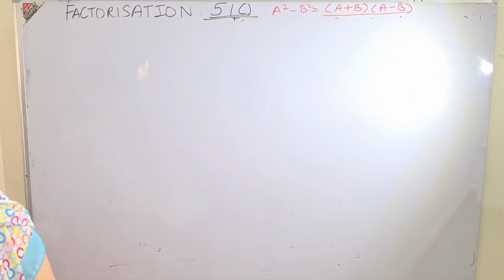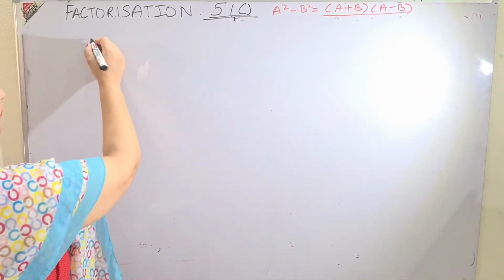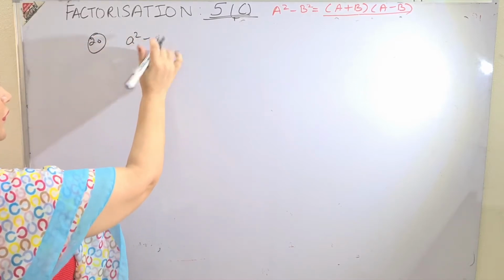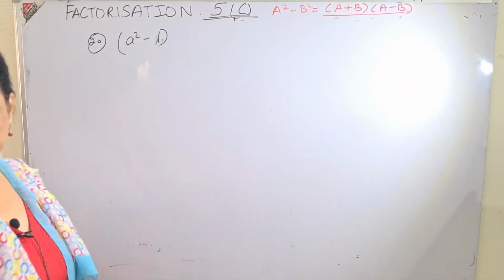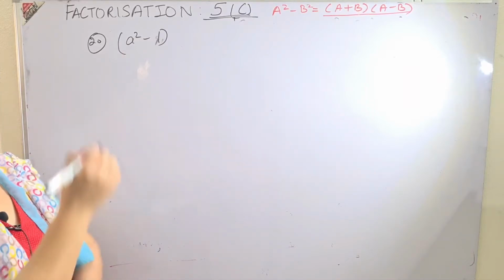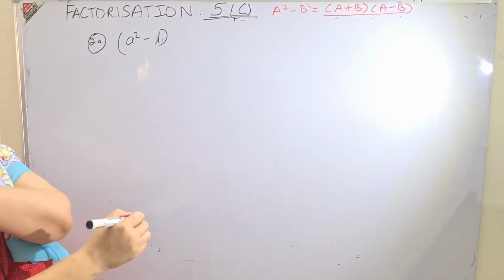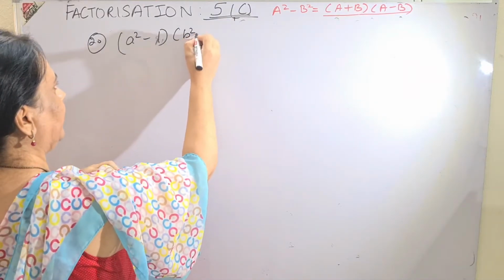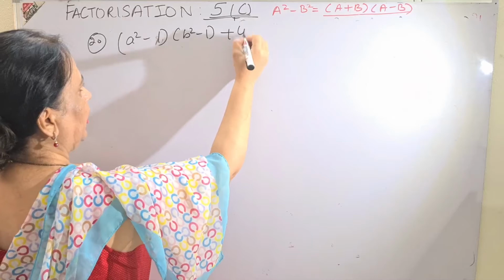Then moving to question number 20, again one of the very, very important sums of the paper and a favorite sum of the examiner: a square minus 1 into b square minus 1, plus 4ab.